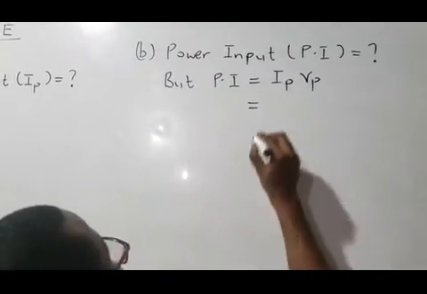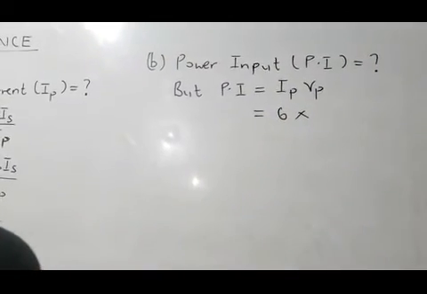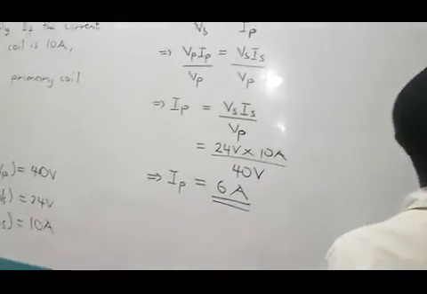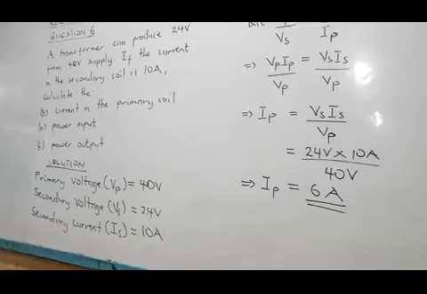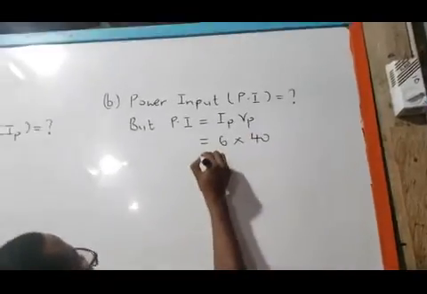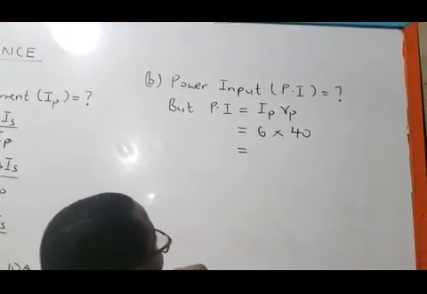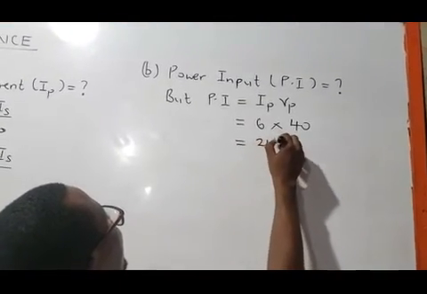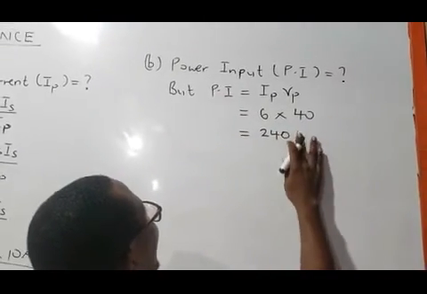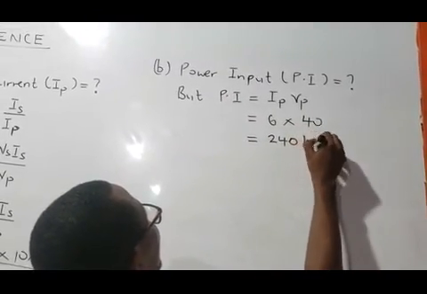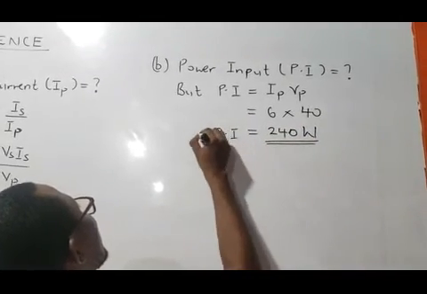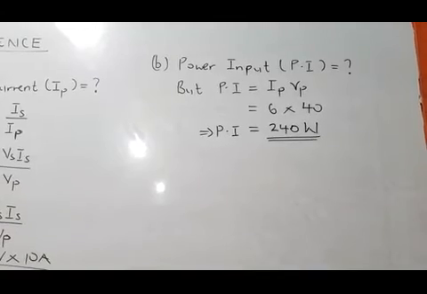IP we calculated as 6, and the VP given is 40. So 6 times 40, that will give you 240. Power is measured in watts, so that is 240 watts. So that's our power input.